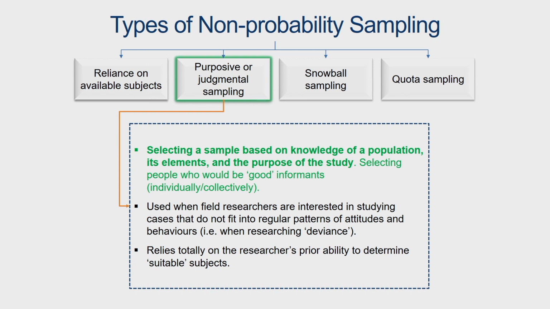You know that there are certain cases or certain people who can provide you better information, and you choose those informants individually or collectively. It is used when field researchers are interested in studying cases that do not fit into regular patterns of attitudes and behaviors, and it relies totally on the researcher's prior ability to determine suitable subjects. And equally, in the case of a purposive sample, we need to exercise caution with regard to drawing inferences for the population as a whole.